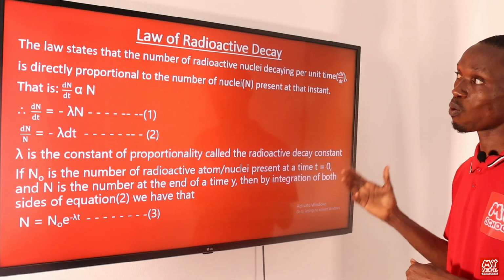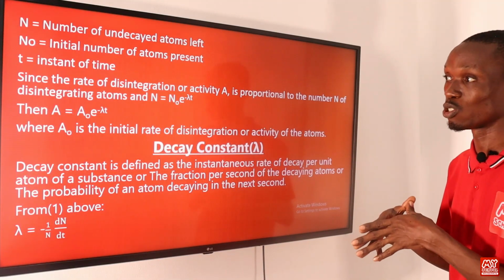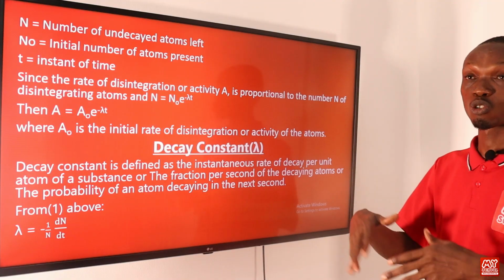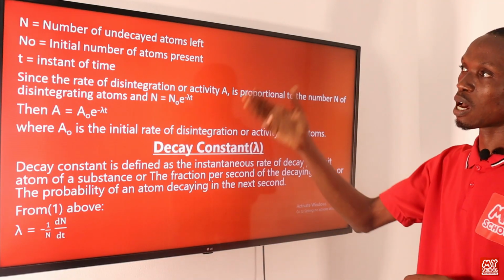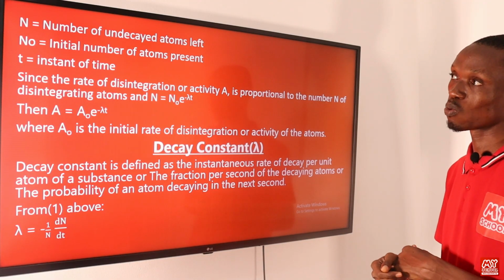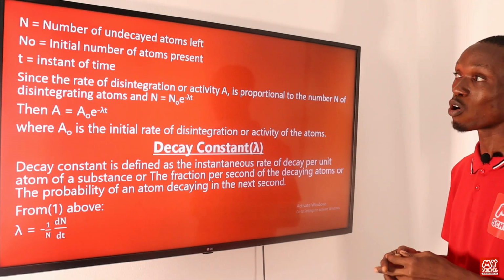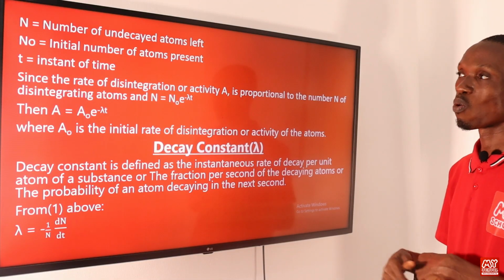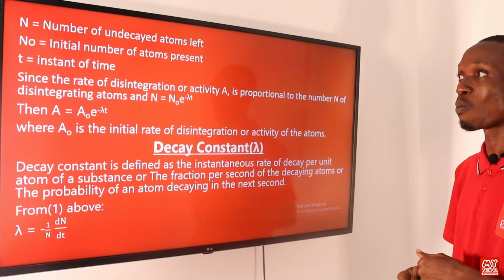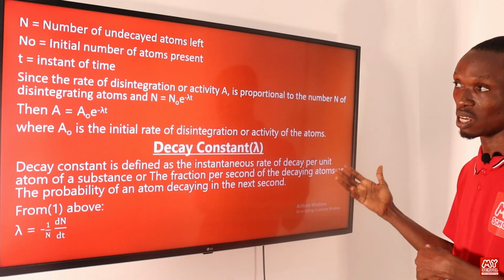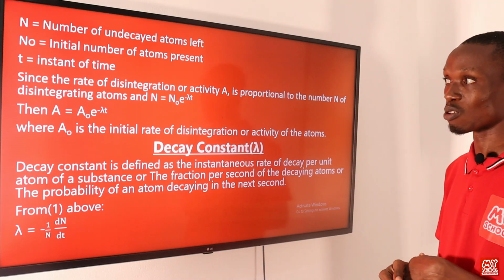Basically here, what we are trying to achieve is to make lambda the subject of the formula. Let's define the terms from equation 3. N is the number of undecayed atoms left, N naught is the initial number of atoms or nuclei present, and t is the instant of time.